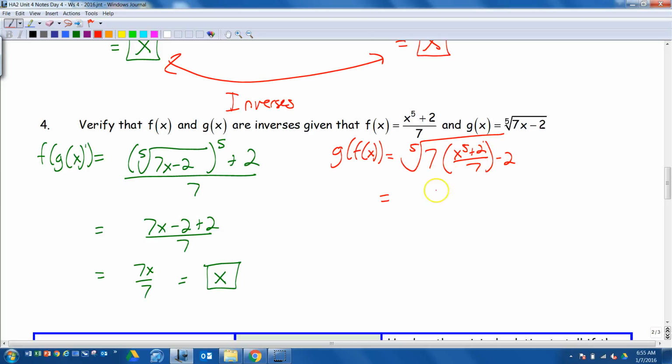So we'll have to just work in the middle here first. 7 times this fraction, the 7's cancel, and we end up with just an x to the 5th plus 2 minus 2. Again, don't just say, oh, I'm 5th rooting all of them and then subtracting. You can't do that. You have to subtract first, and I'm left with just x to the 5th because those go away, become 0, and finally I get x. So again, they are inverses.